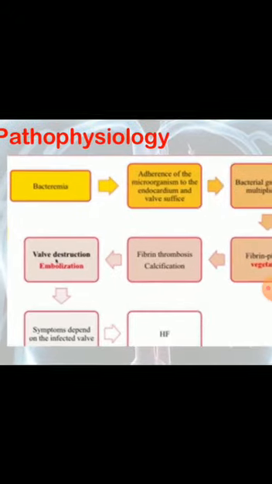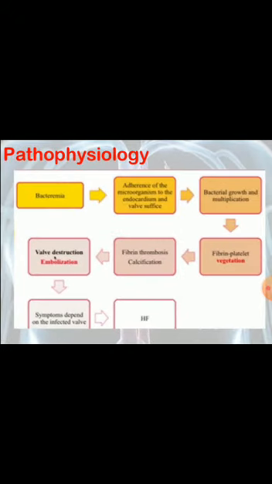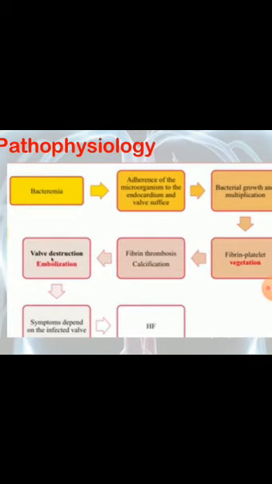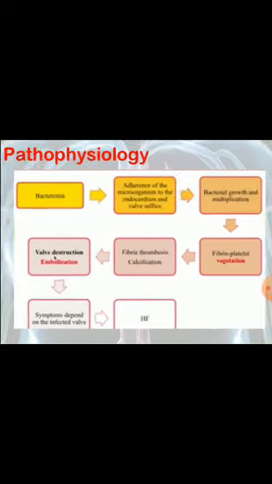Now you will see the basic physiology of infective endocarditis. There are predisposing factors. We have just seen two factors: first, any prior disease of the endocardium, and second, microorganisms in the bloodstream, known as bacteremia.